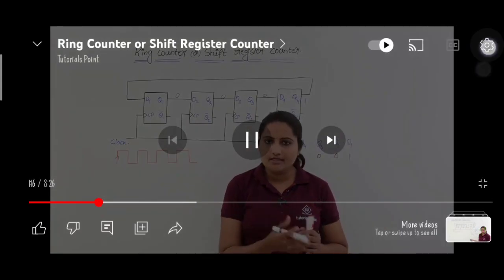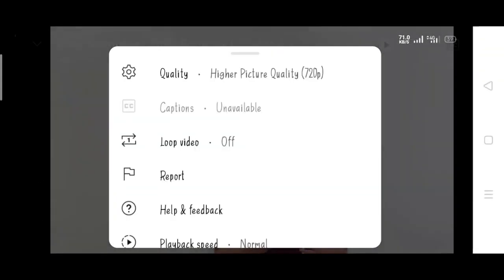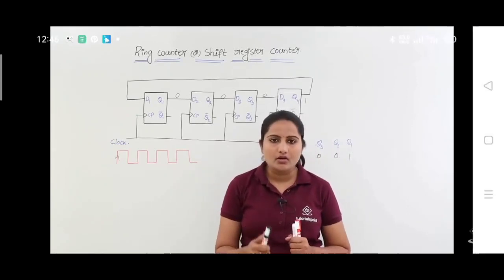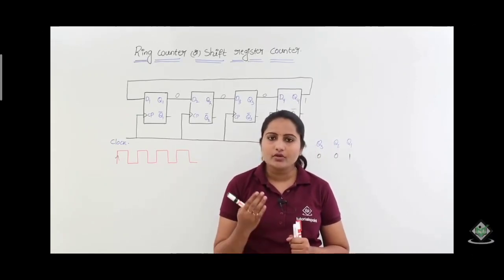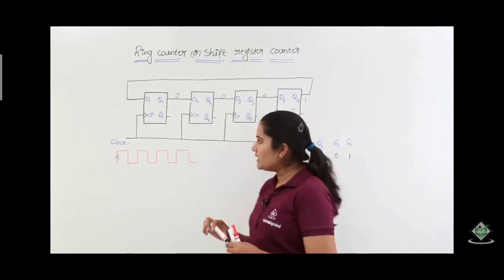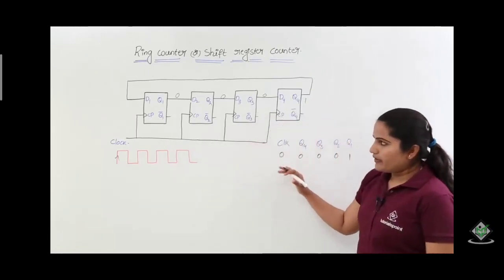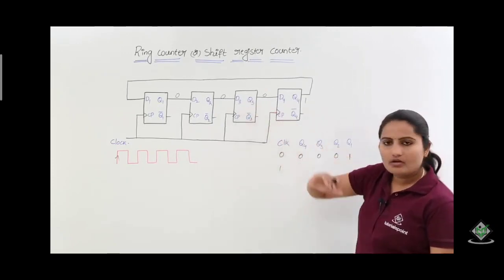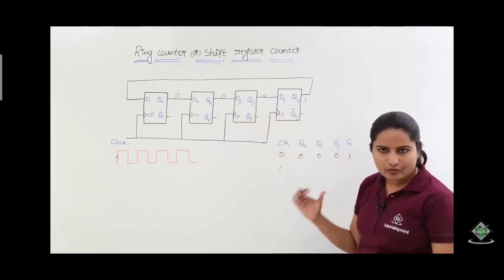That is the basic one. But here this ring counter will have only n states. So see here, for example, if you have a 4-bit ring counter, then it may have only 4 states.